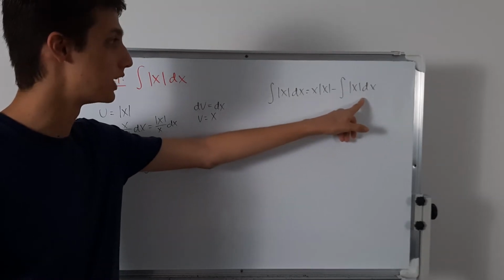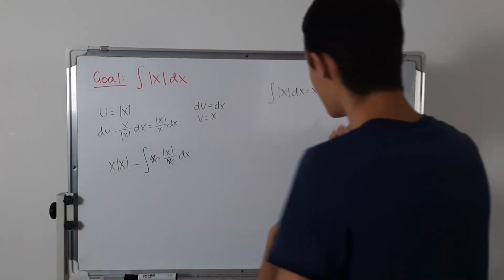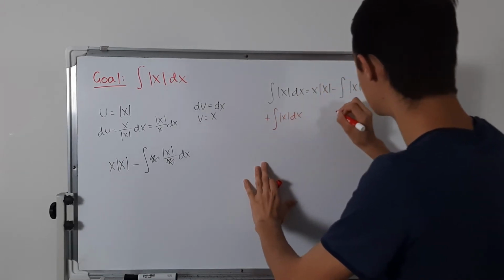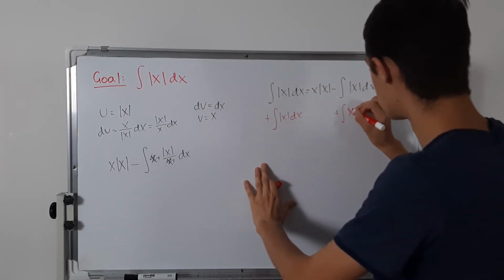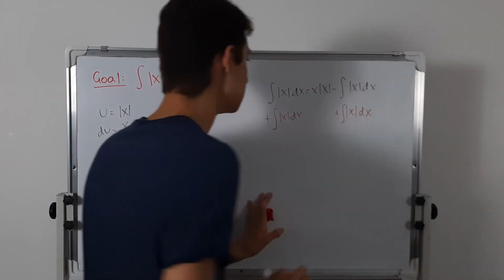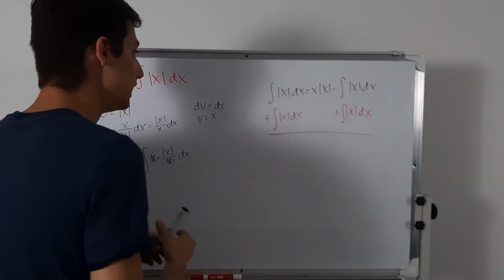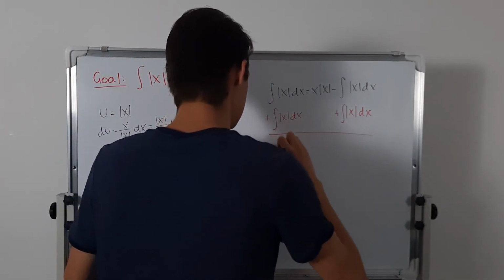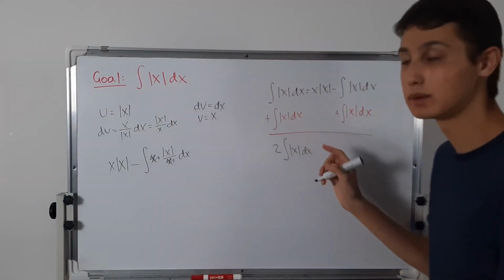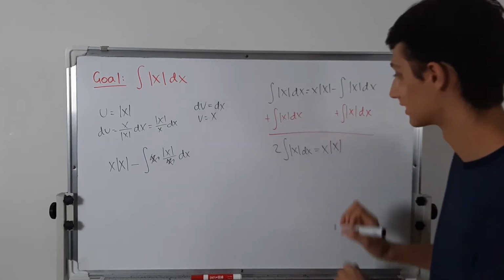So if we just added this integral to both sides of the equation, let me get this red marker here. If we added the integral of absolute value of x dx to both sides, then what we have now is 2 times the integral of the absolute value of x dx, and this is still equal to x times the absolute value of x.